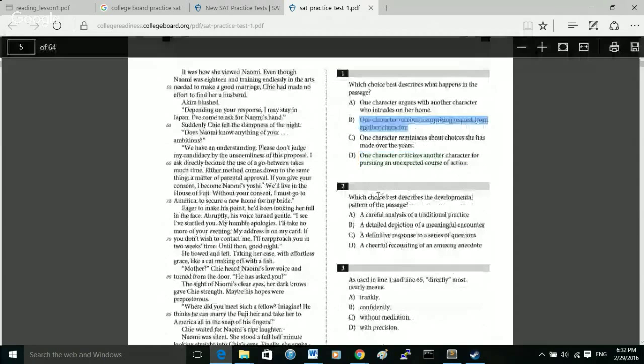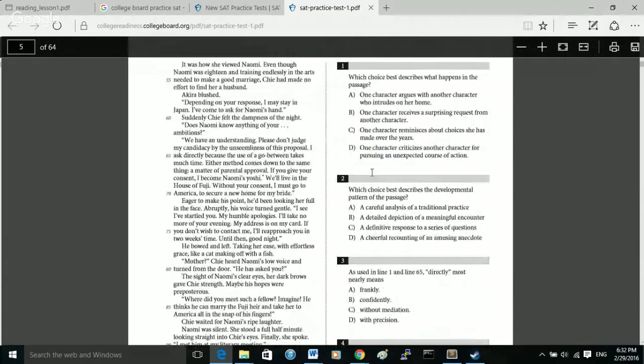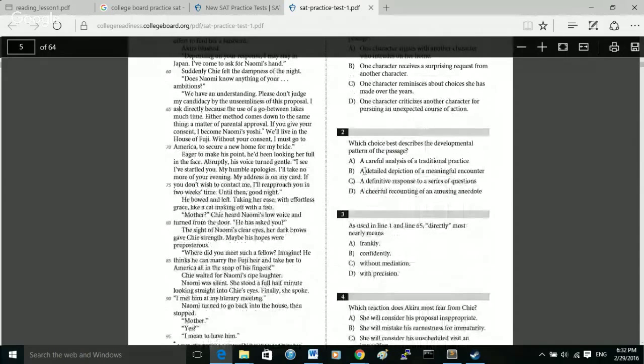Question 2. Which choice best describes the developmental pattern of the passage? Is it answer choice A, a careful analysis of a traditional practice? No, because he broke tradition, so answer choice A is incorrect. Answer choice B, a detailed depiction of a meaningful encounter. Is it a detailed depiction of a meaningful encounter?